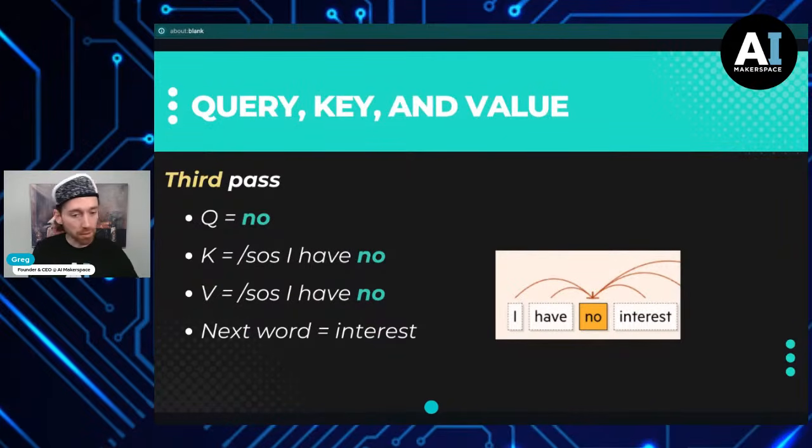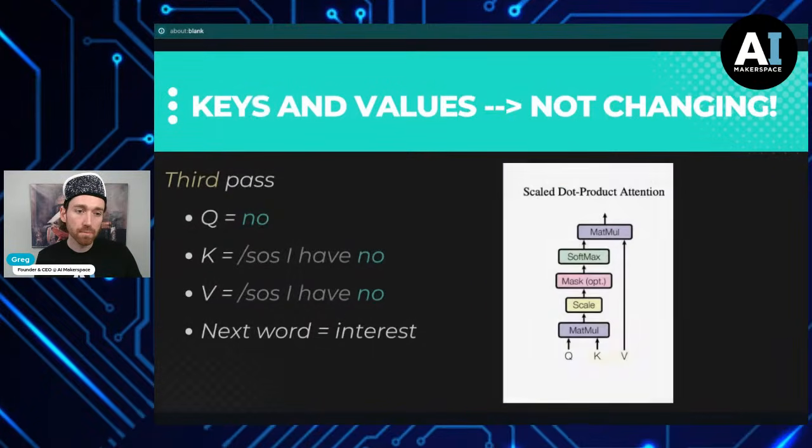Okay, why is this important? Well, it's important because, as you'll notice, as K and V grow, most of what's happening in K and V does not change. In fact, start of sequence I have, start of sequence I. As this grows, more and more of it does not change with each iteration, with each prediction.